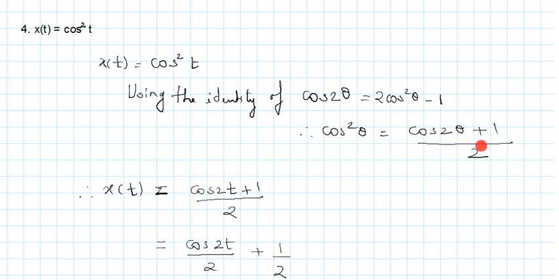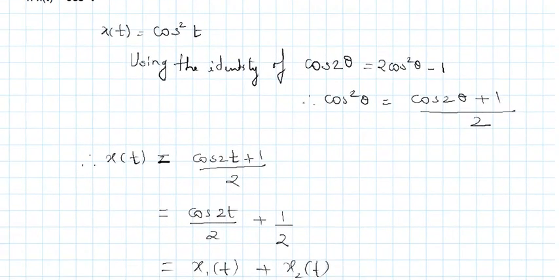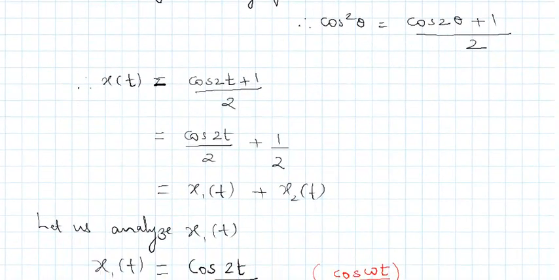So if I apply this on my given problem, here my theta is t. So applying this identity, we got a new equation for x(t) as (cos 2t plus 1) by 2.